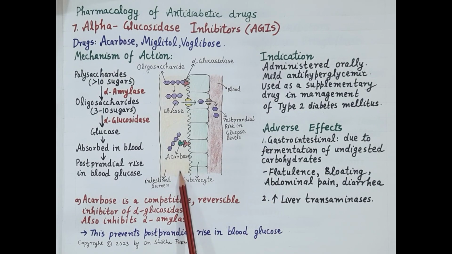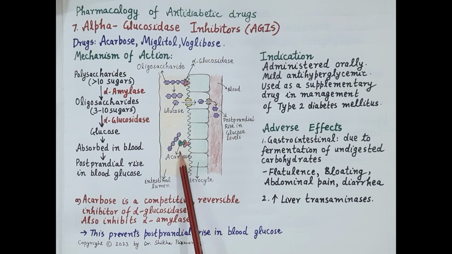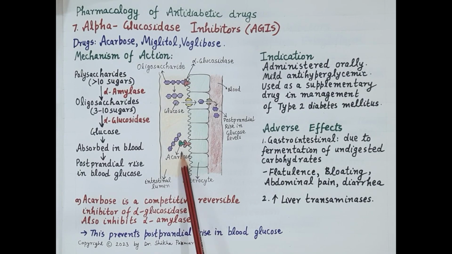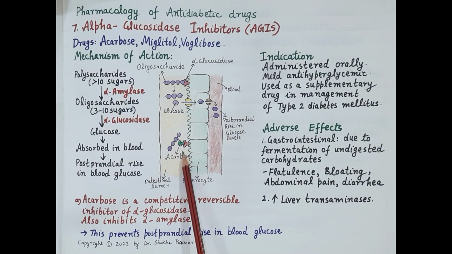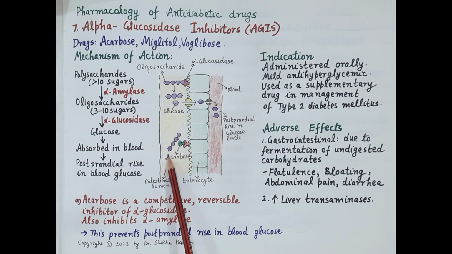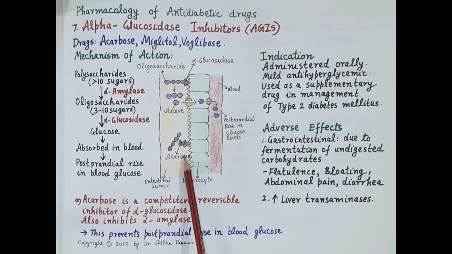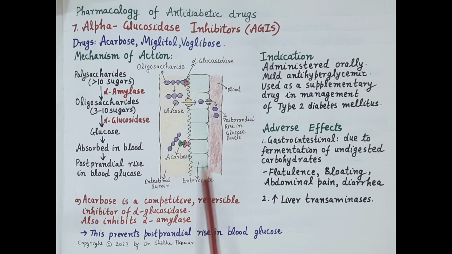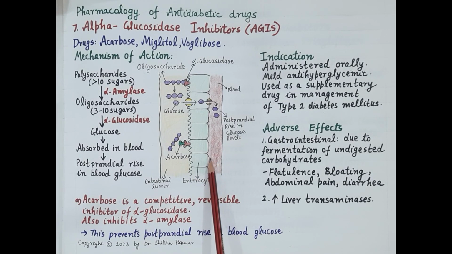Now, look here. This is acarbose. This is an alpha glucosidase inhibitor. So, acarbose blocks the enzyme alpha glucosidase. This prevents breakdown of this oligosaccharide, and thus glucose is neither released nor absorbed in the blood. So, this prevents a rise in the concentration of glucose in the blood after eating food.